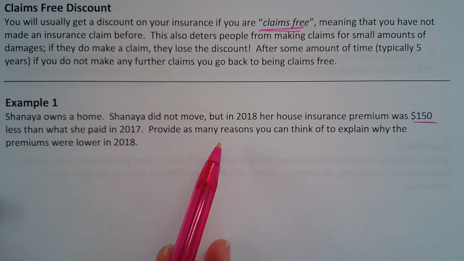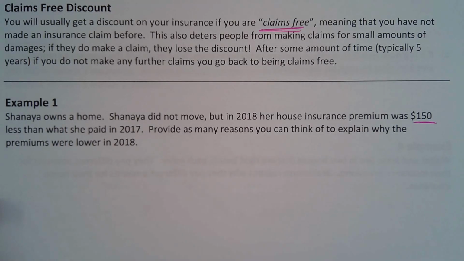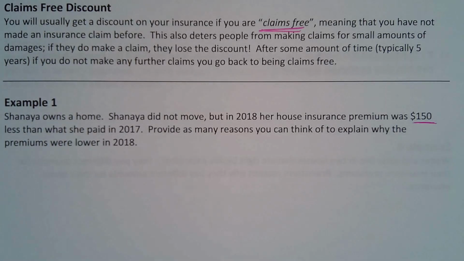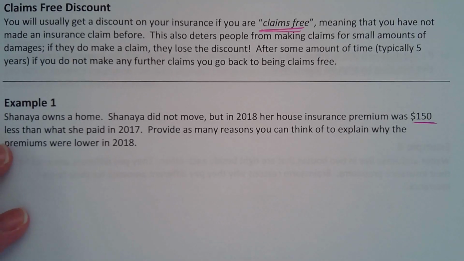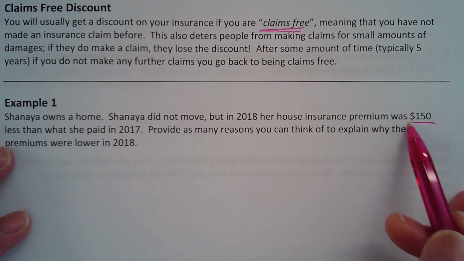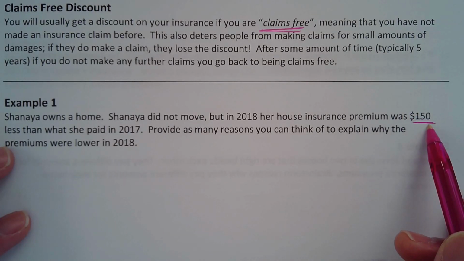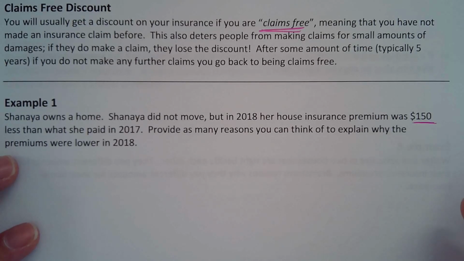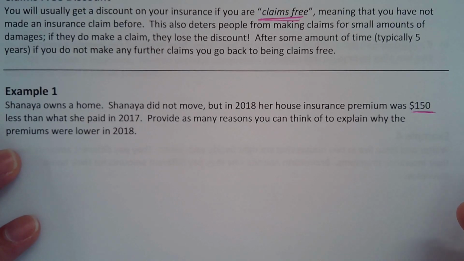Provide as many reasons as you can think of to explain why her premium was lower in 2018. So Shania still stays in her home, but in 2018, her insurance is $150 less. What could be the reason why she pays less insurance this time around?